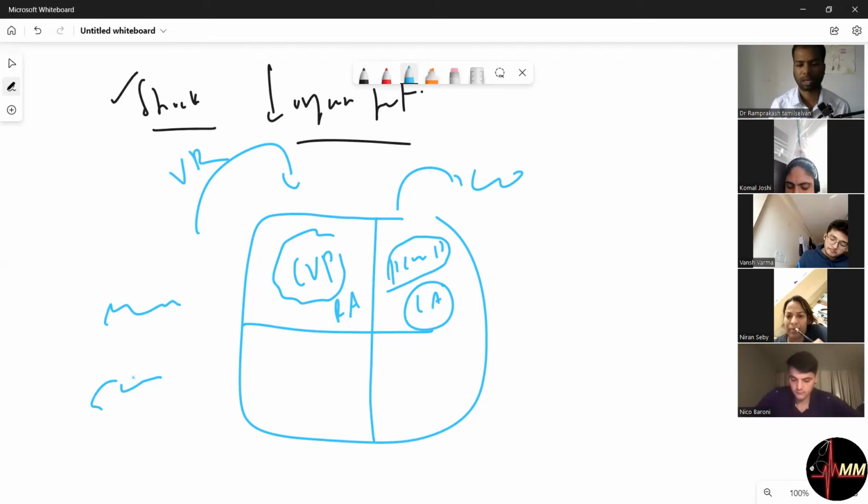So for example, in hemorrhage the preload is going to be very low. Just remember it's a closed chamber heart. If the preload is low, all the pressures inside will be low. The CVP will be very low. The PCWP will be very low. So in hemorrhagic shock, CVP will be very low, PCWP will be very low.